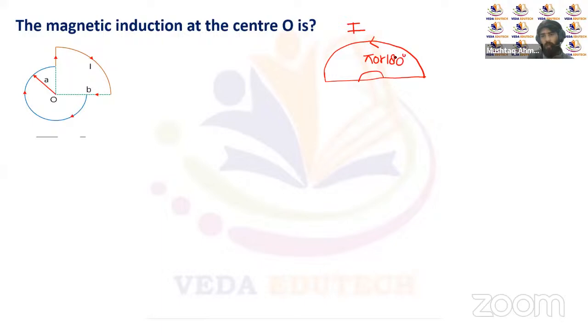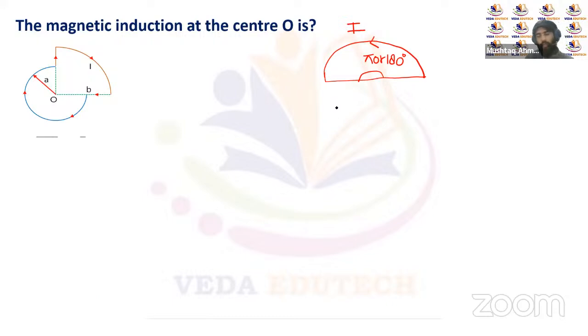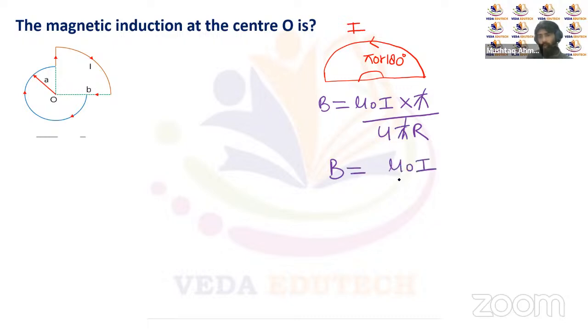So the magnetic field because of this semicircle at the center will be B is equal to mu naught I alpha, where alpha is pi here, upon 4 pi r. The pi and pi will get cancelled, so the magnetic field due to this semicircular arc will be mu naught I upon 4r.